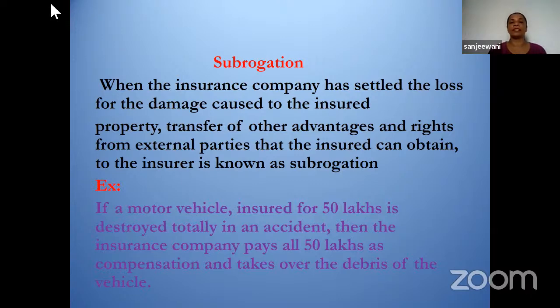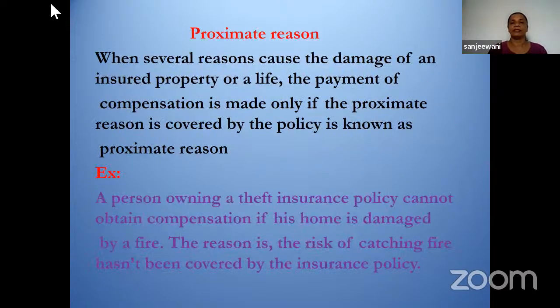Next one is proximate cause. What is proximate cause, or proximate reason? There can be several reasons for the damage, and they will pay you for the closest reason, which covers the risk. Suppose you have insured your house for fire and theft, but not for flood.